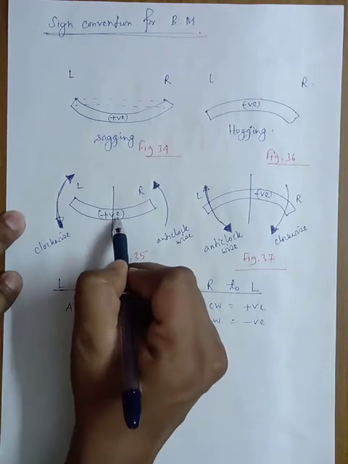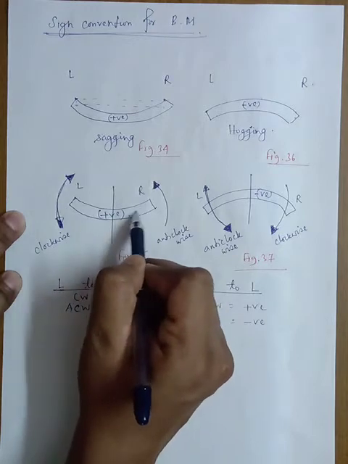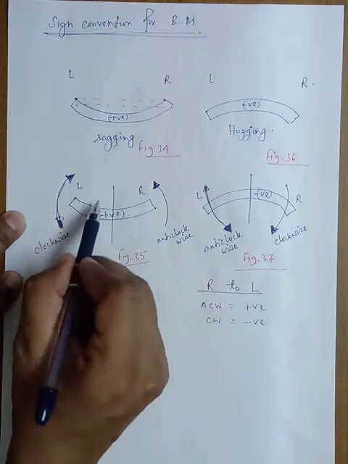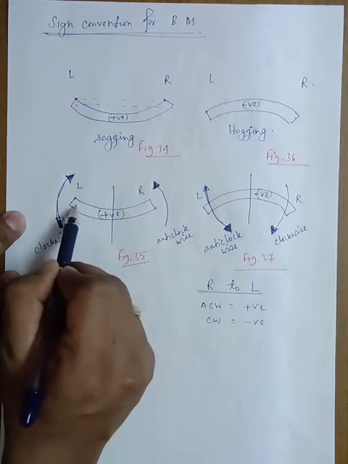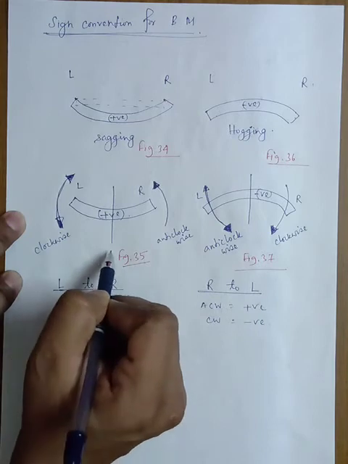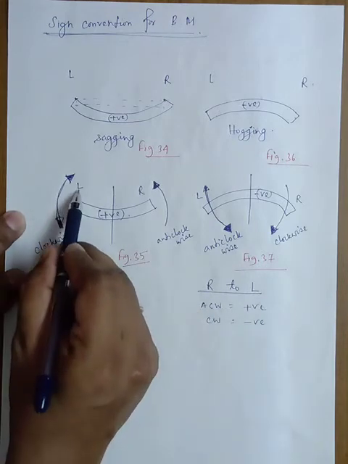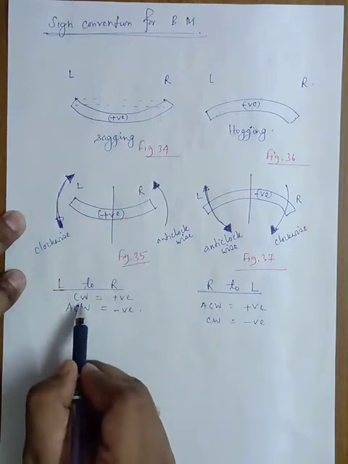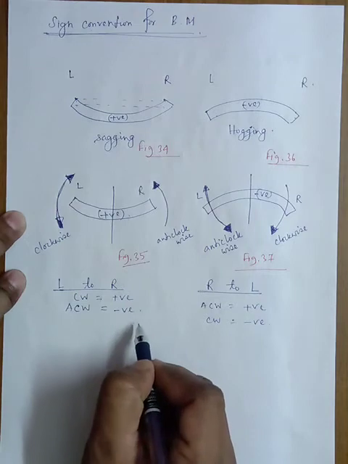No need to sum up the moments which are there on this end, because by definition the summation of moments up to a section is the bending moment. So from left to right, if you start, then all the clockwise direction moments will be positive, anti-clockwise direction will be negative.